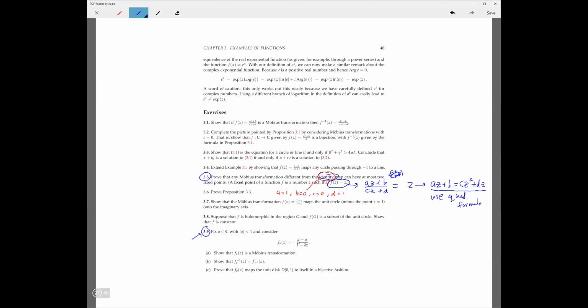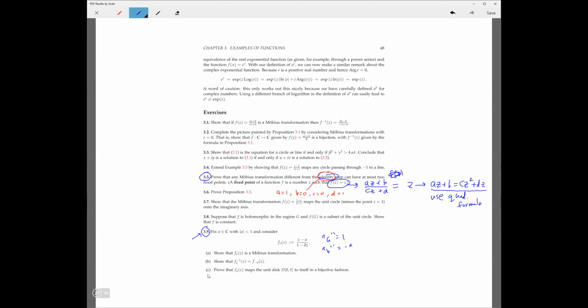So just identify A. Say A is 1, B is negative A, and C is negative A bar, and then D is 1, right? Then just show AD minus BC is not 0. And then for the inverse, just use the formula for the inverse that's earlier.